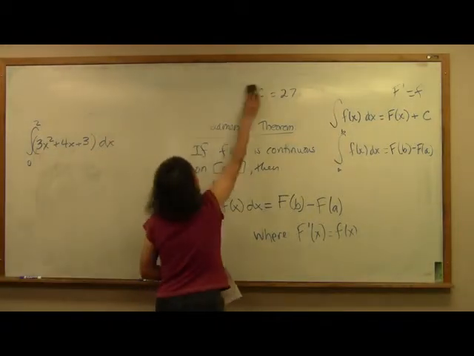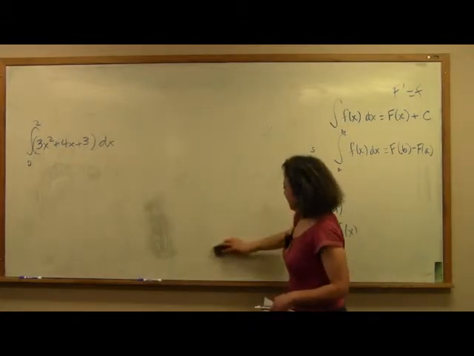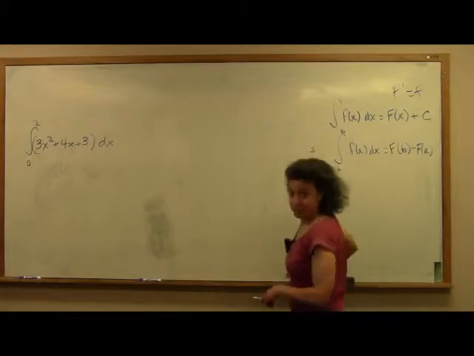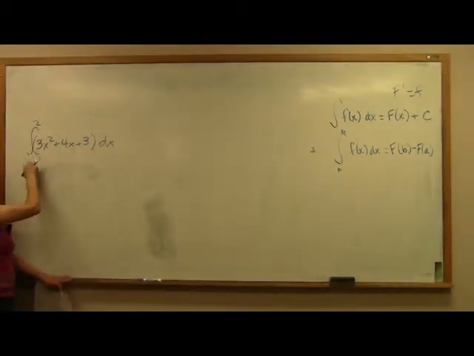Okay? So what my first step here would be is to compute my antiderivative as I always do. Okay? So let's do this term by term. We don't deal with these numbers until the very end.